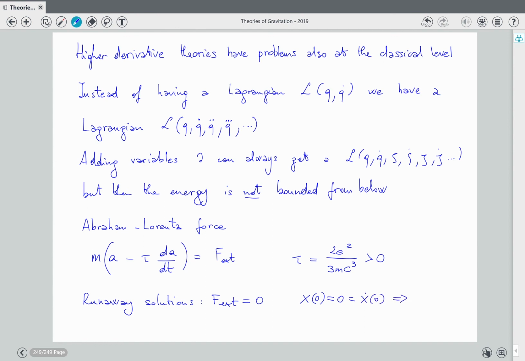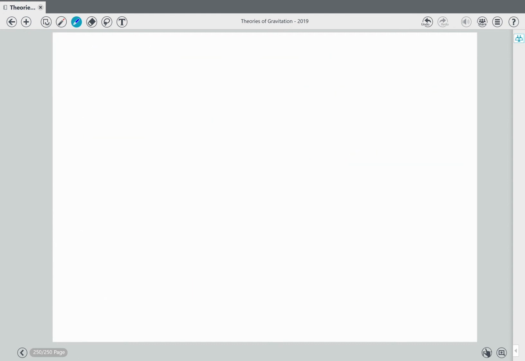But this is not true, because you have a solution that is A equals e to the t divided by tau times a constant.